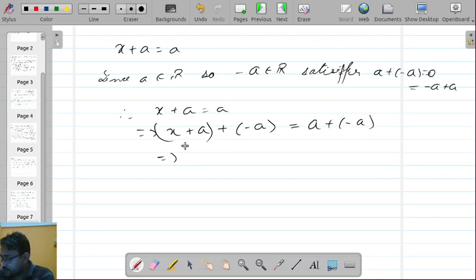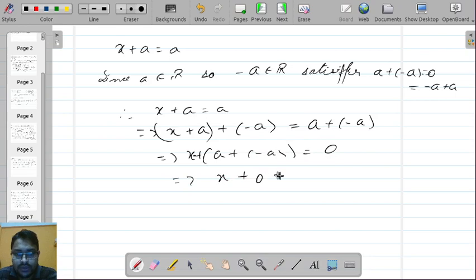And then I can just use associative property. So this is x plus A plus minus A, this is equal to 0. So from here also x plus 0 equal to 0. So there are several ways of doing it, so x has to be 0, right?